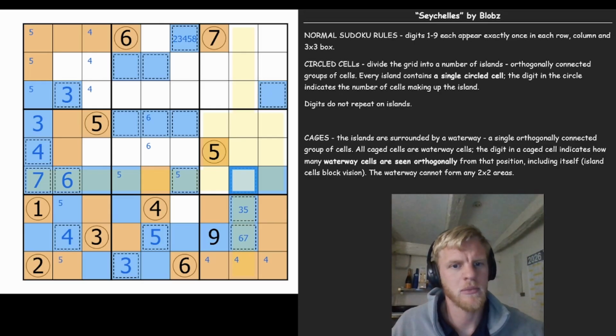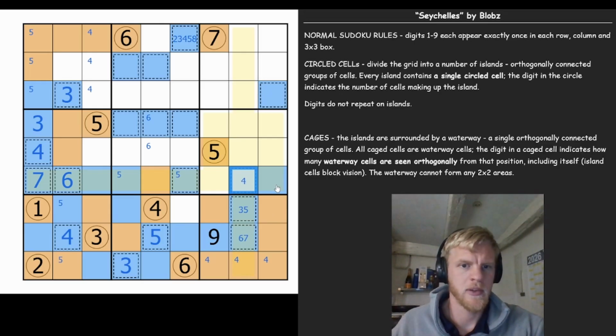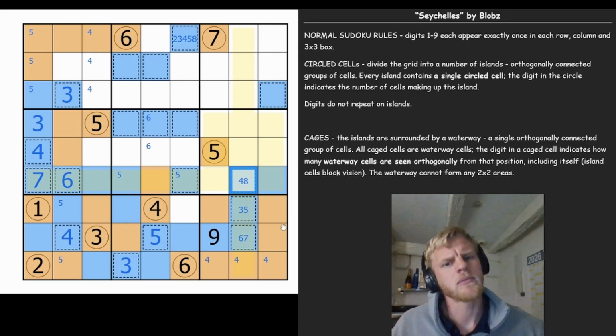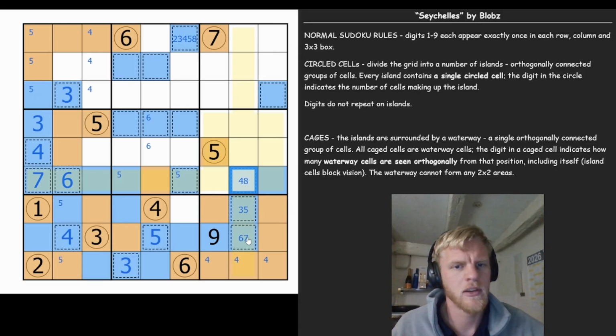Maybe let's try to pencil mark in here. It's already a 4. It can't be a 5. It could be a 6 if we connect it via here. Oh, but we have a 6 there, 7 there, and 8. How can we do the 8? 1, 2, 3, 4, 5, 6, 7.